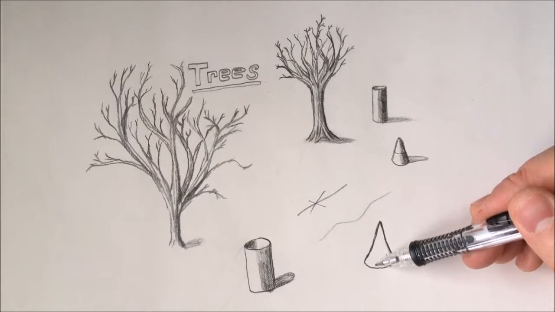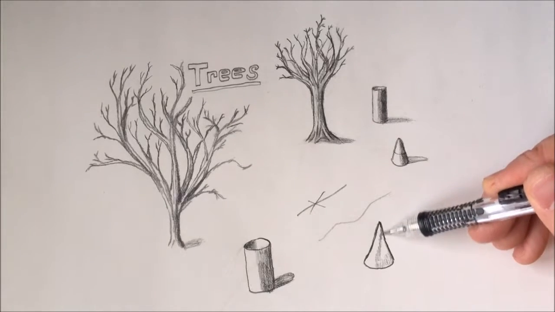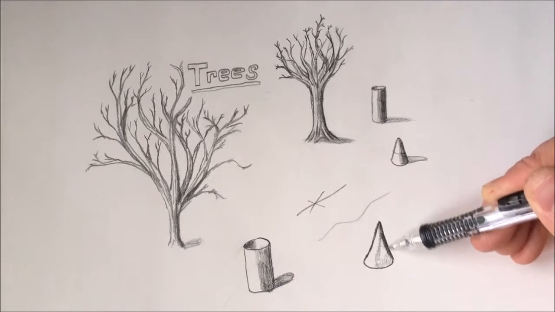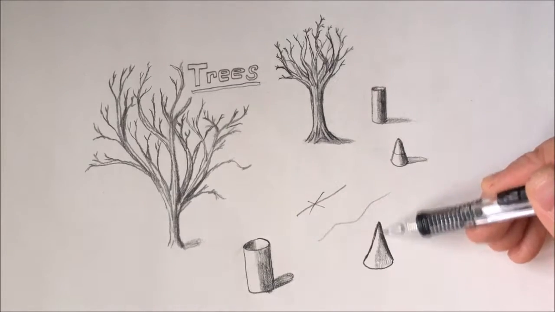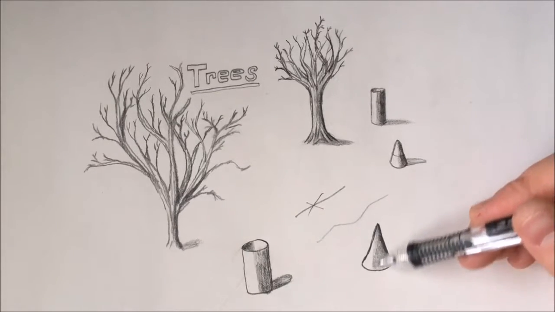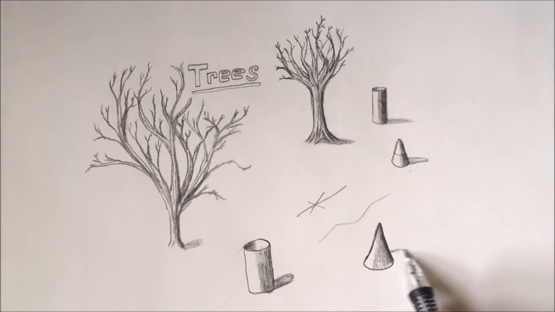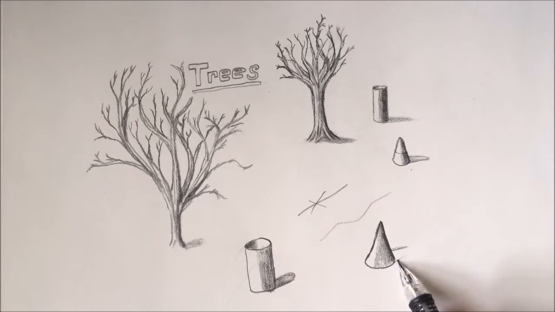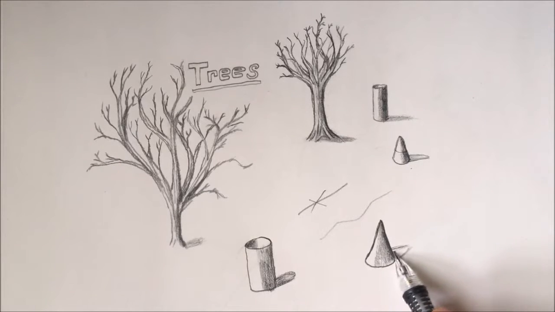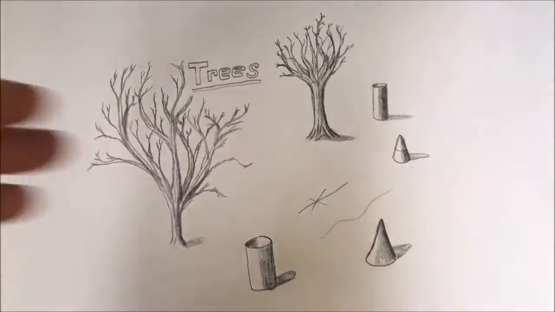It's going to be lighter on the bottom here, and then it's going to get darker over here. I'm still a little inexperienced at drawing cones. Something like that. And of course, I'm keeping the lighting scheme pretty consistent. All the lighting is coming from this direction.